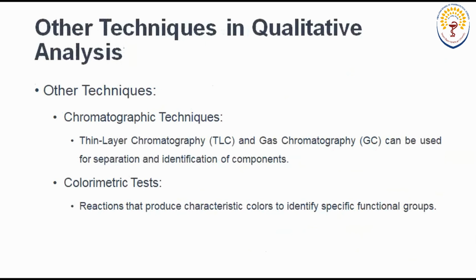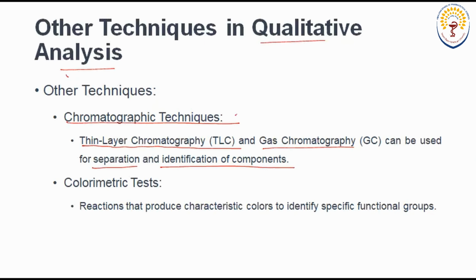Now there are other techniques of qualitative analysis as well. One major important technique is the chromatographic technique. In chromatography, there are thin layer chromatography and gas chromatography. They can be used to separate the components of a sample and identify them.